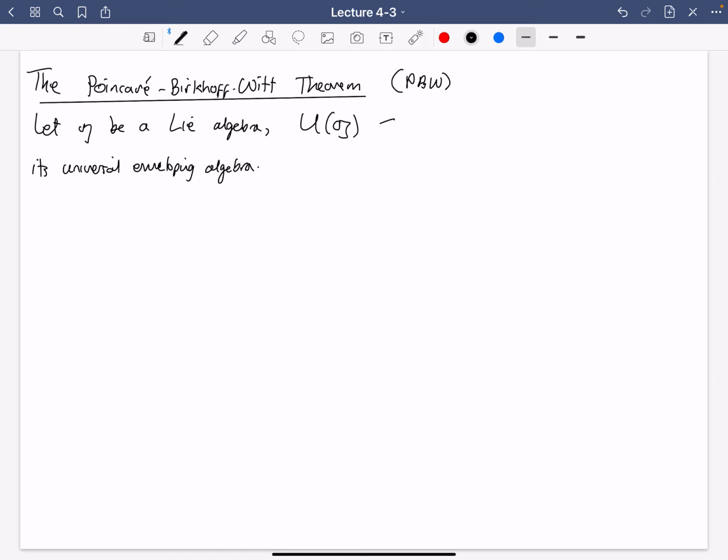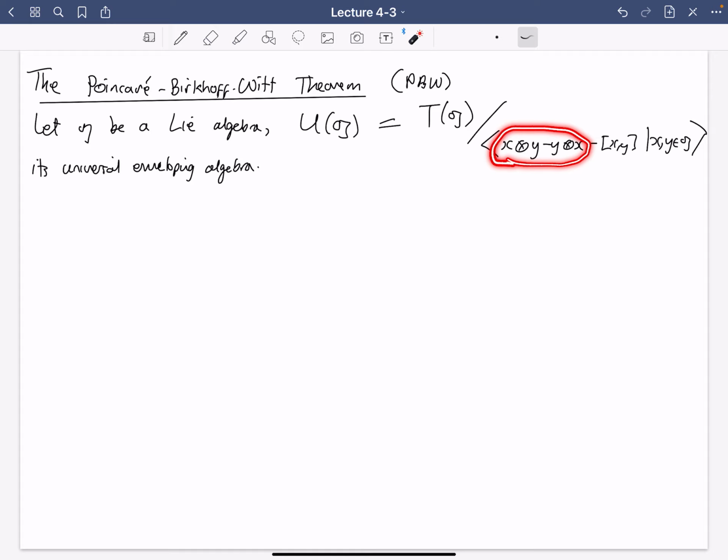We defined that last time as the tensor algebra, the free associative algebra on the vector space G, quotiented out by the two-sided ideal generated by x tensor y minus y tensor x minus the commutator xy, for all vectors x and y in G viewed as a subspace, the degree 1 part of the tensor algebra. In other words, we're trying to force the actual commutator given by xy minus yx to equal the Lie algebra commutator.